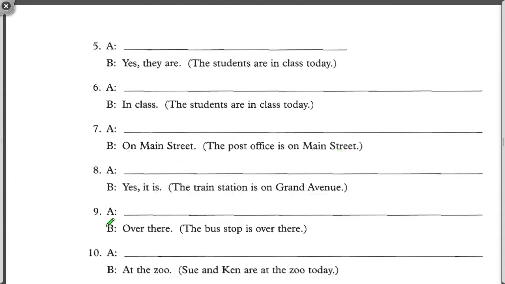Over there is indicating a place, right? Place. So that means the question starts with where, and here we have is, here we have the, where is the what?